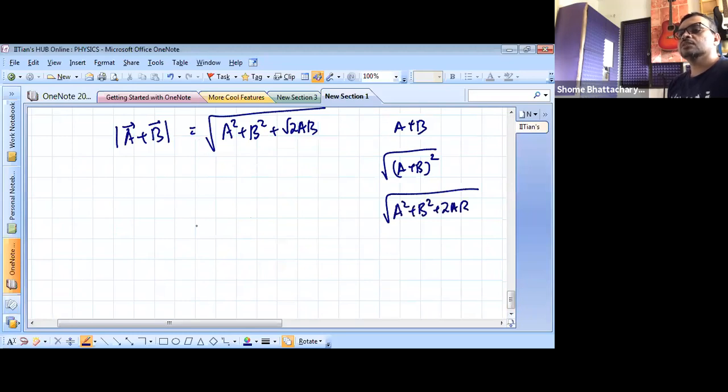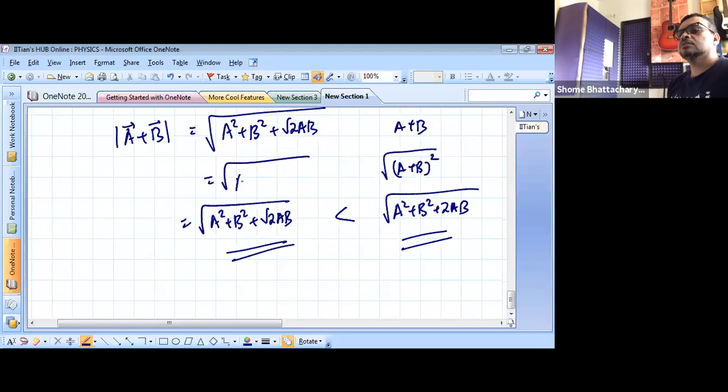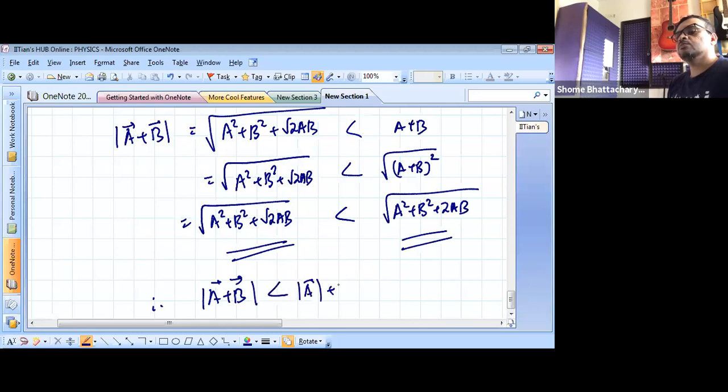And now compare this with that. You can see that as far as this quantity and this quantity are concerned, this one is definitely less. So therefore, the mod of A plus B will be less than mod A plus mod B.